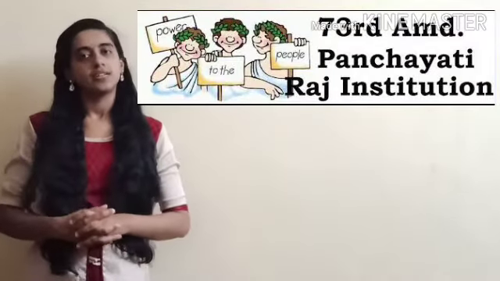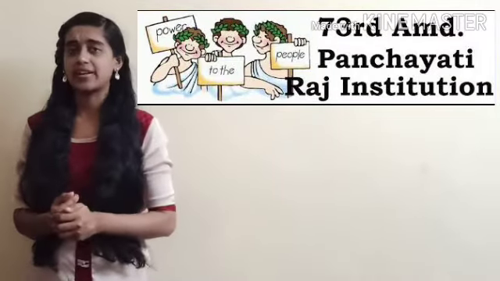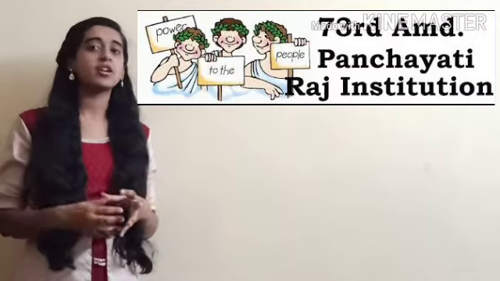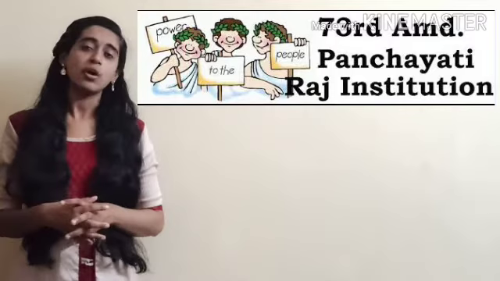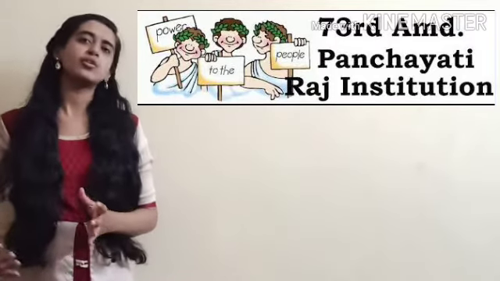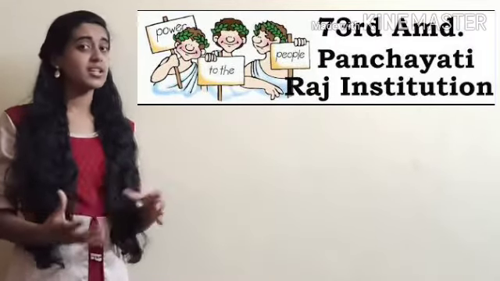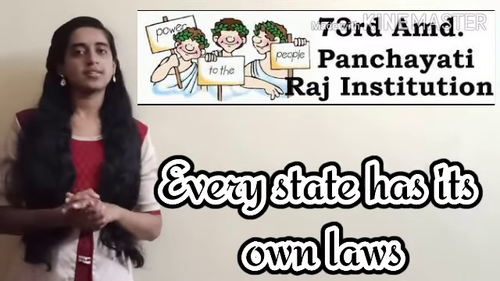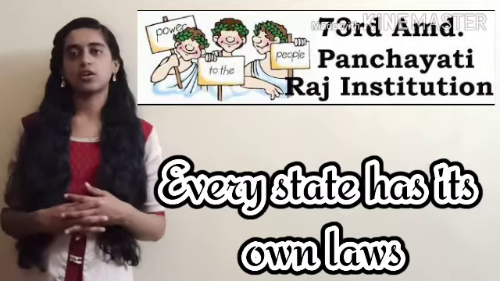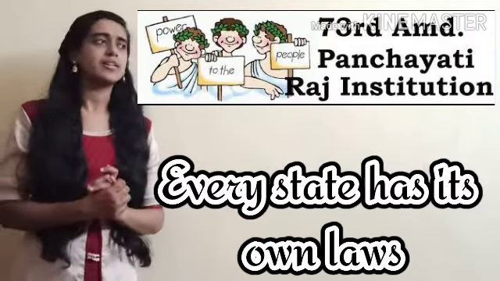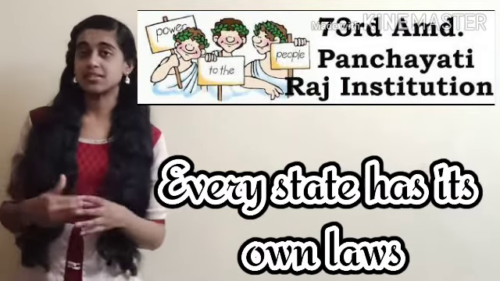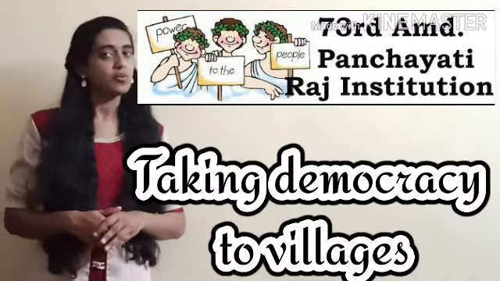As a conclusion to our chapter, we can say that within the constitutional guidelines, as we have already known, the implementation of the Panchayati Raj system has come into working because of the 73rd amendment. Within the guidelines, all the states have their own laws with regard to the Panchayati Raj, and we can say very validly that the Panchayati Raj system has been successful in bringing democracy to the villages.